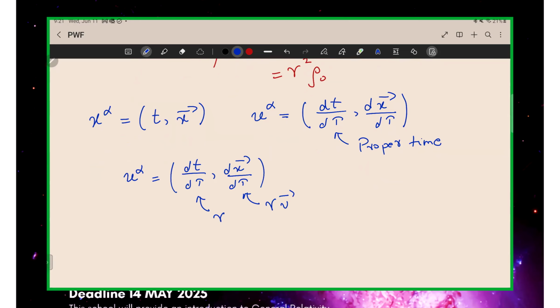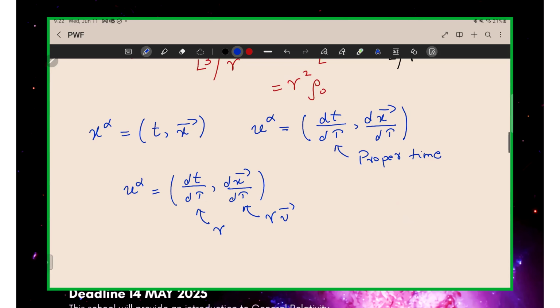How can you see that? Well, that's pretty simple. You just write it like this. This is gamma, and this is the velocity vector, right? Now, if you look at this thing, that gamma is just dt over d tau, you can also write this as the time component of the four-velocity.